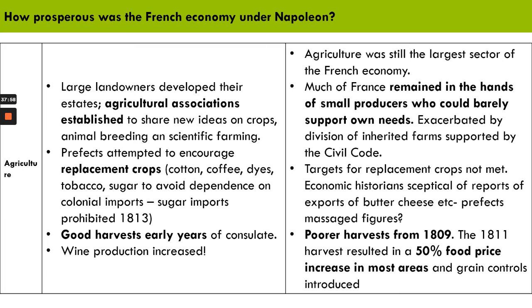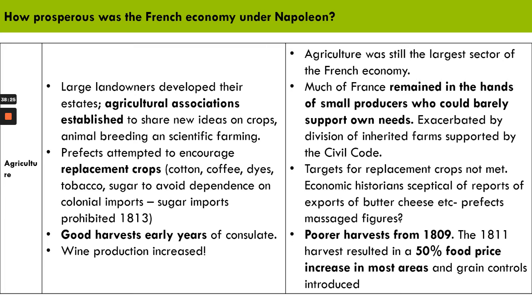And in the early part of Napoleon's empire, there were some good harvests, but that was probably quite a lot due to luck rather than any calculated changes that they brought about to the agricultural system. Wine production increased, but there are clearly quite a lot of negatives here. So agriculture is still what the French economy is mainly about, and in terms of yield, there hadn't been a huge increase.